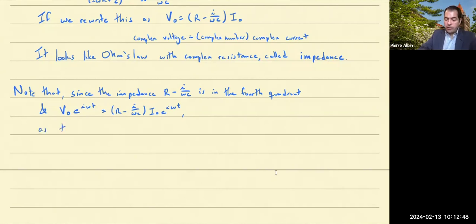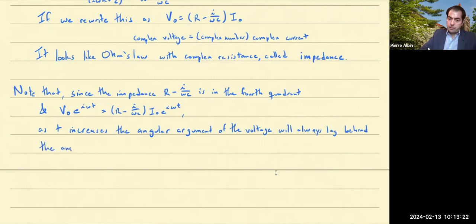So as t increases, the angular argument of the voltage will always lag behind the angular argument of current, right?